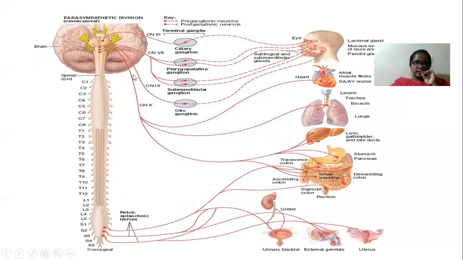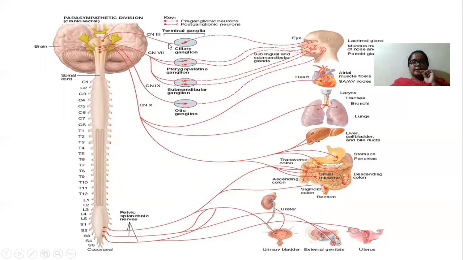And parasympathetic preganglionic neurons also extend from the sacral region, that is 2, 3, 4. The sacrum consists of 5 segments, so out of those 5, the parasympathetic preganglionic neurons extend from sacral 2, 3, 4.